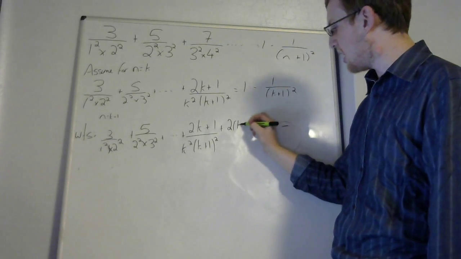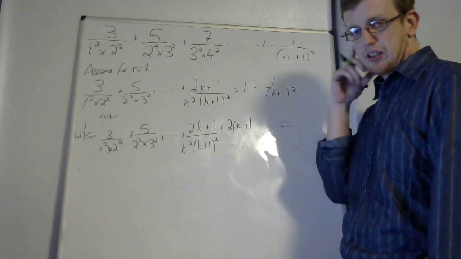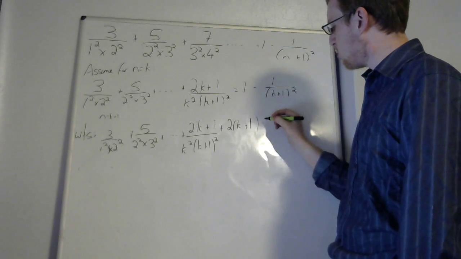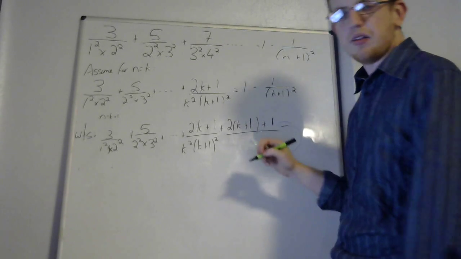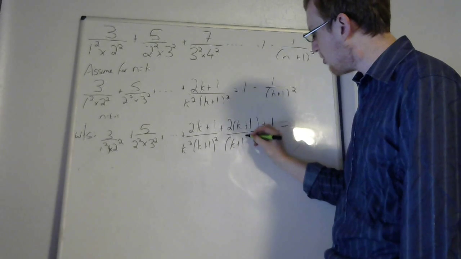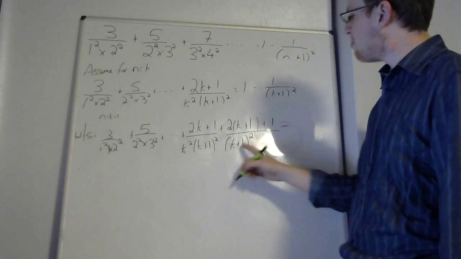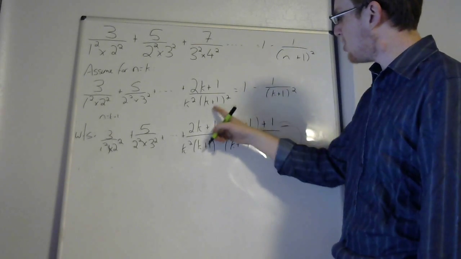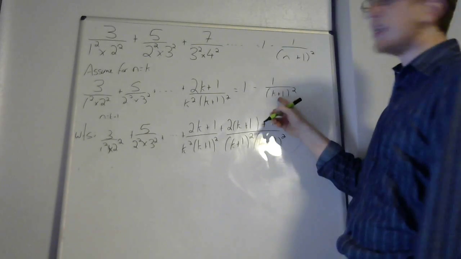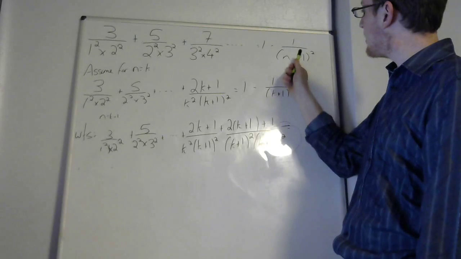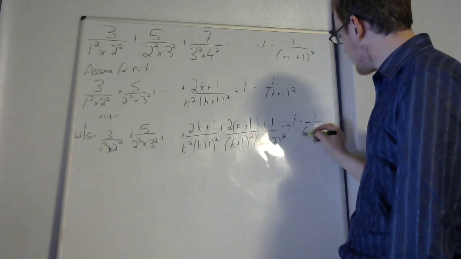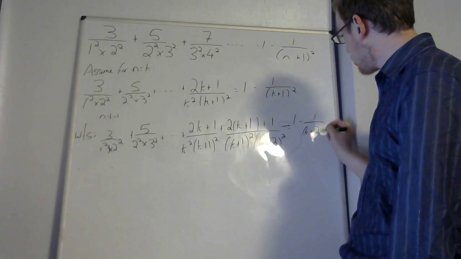So 2 lots of (k plus 1) plus 1 over (k plus 1) squared times (k plus 2) squared. And I want that to equal this with n equal to k plus 1. So I want that to equal 1 minus 1 over (k plus 2) squared.